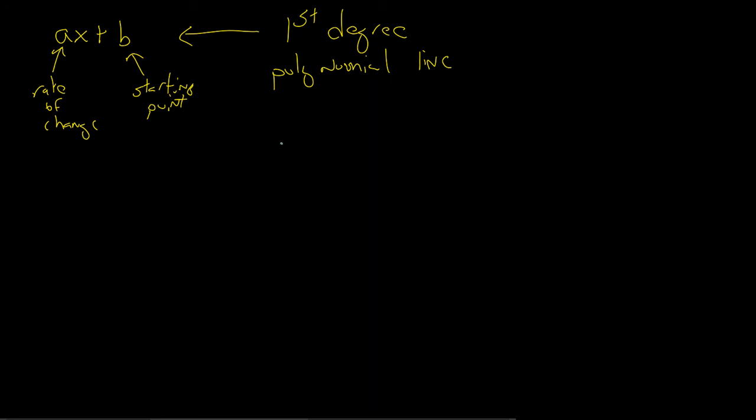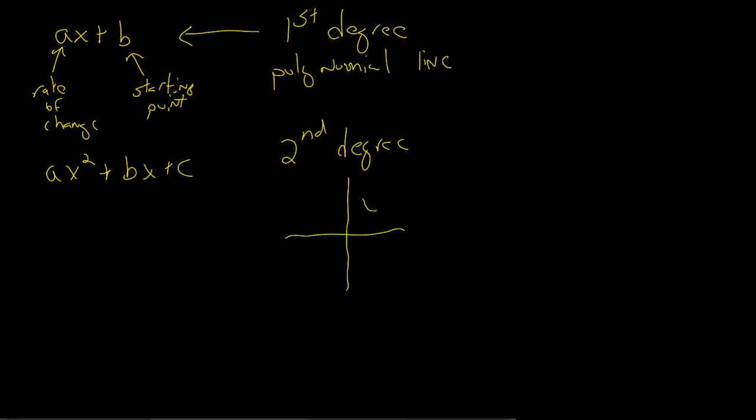So the utility of these is second degree polynomials. And I'm just putting, right, these a's are any number, but our variable is x. Well, these form parabolas, which look like this.